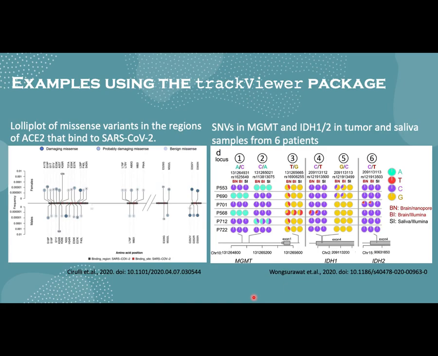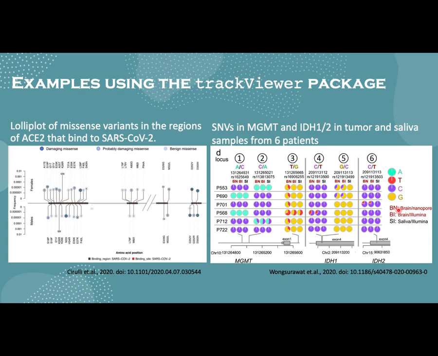Here are some examples in publications where people use TrackViewer to show their data. In the left figure, the authors are comparing the missense variants in the regions of the ACE2 gene from male to female. In the right figure, the authors are using a lollipop plot in pie stack layout to represent SNPs in different patients.